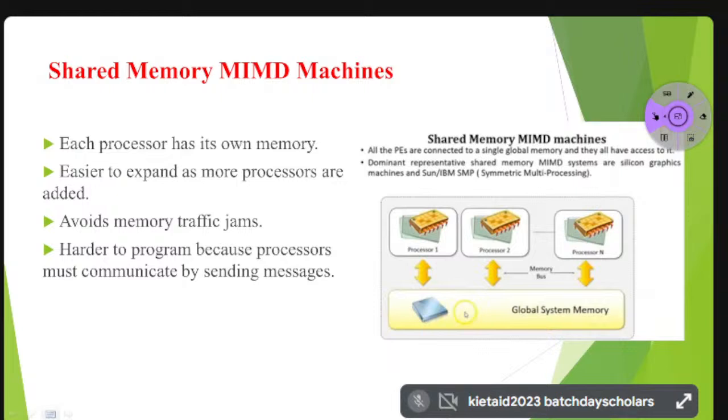Establishing a connection between the processors in a multi-core, octa-core system is a little bit complex, but we can do that. So note down this diagram for the shared memory MIMD machines.